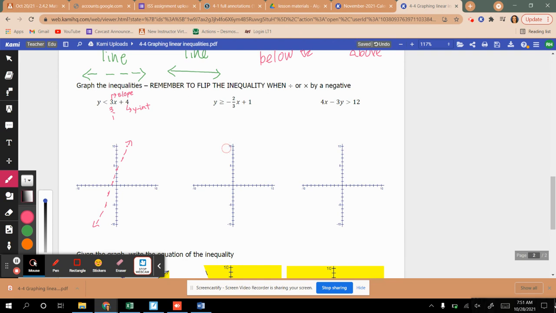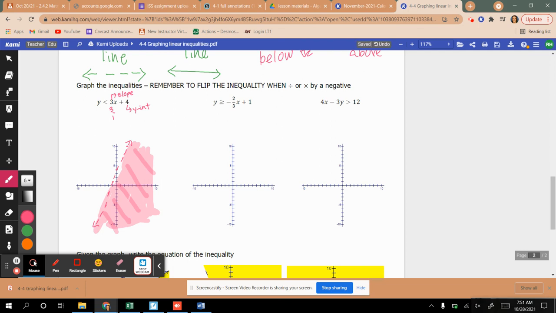Right, we are going to shade below because it is less than. We want to shade in the negative region. Less than is all this area right here. And if you are using pencil and you want to do a striped pattern like that, that also works.